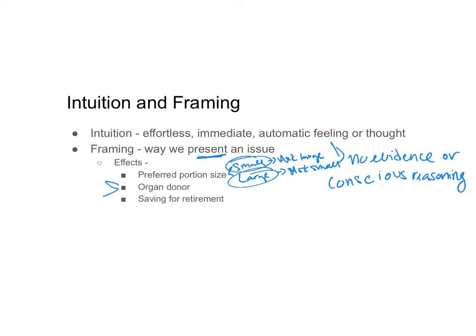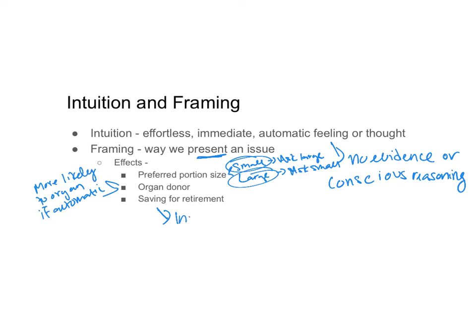Organ donor, people are more likely to organ donate if it's automatic. So if you have to choose no rather than choose yes, you're more likely to become an organ donor.